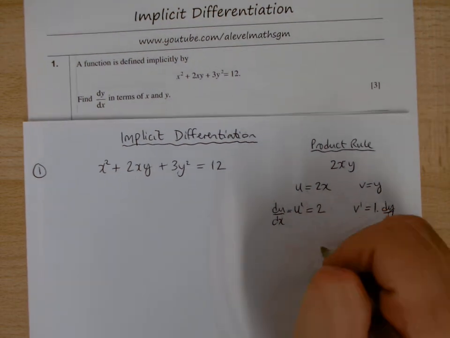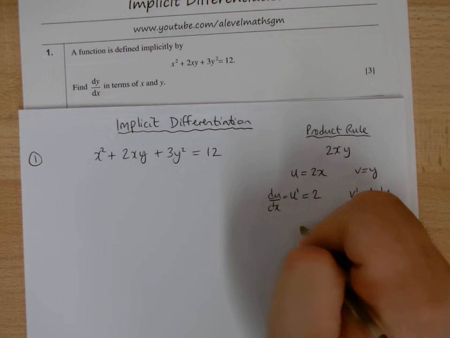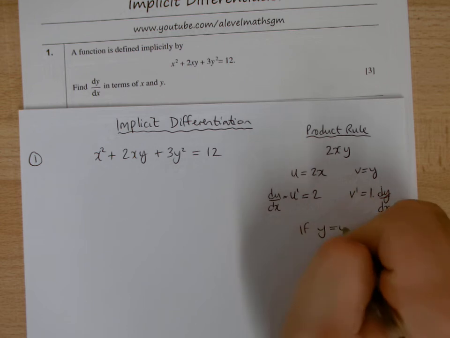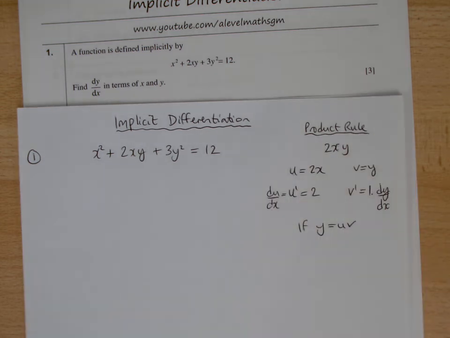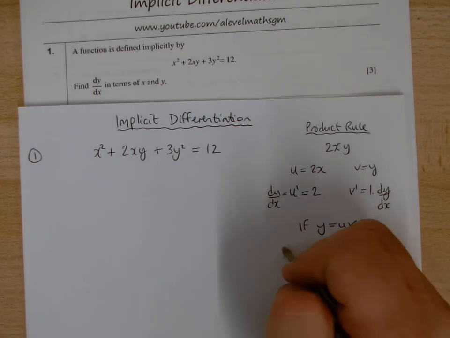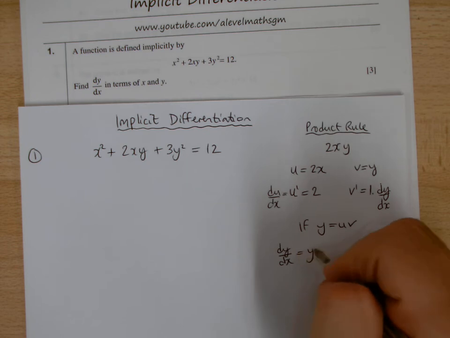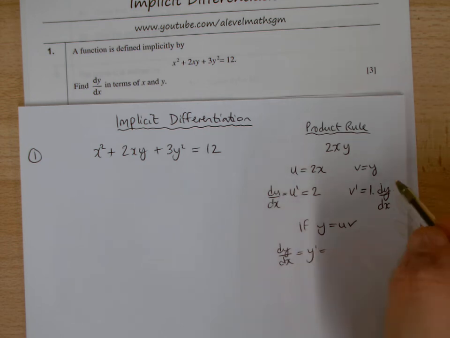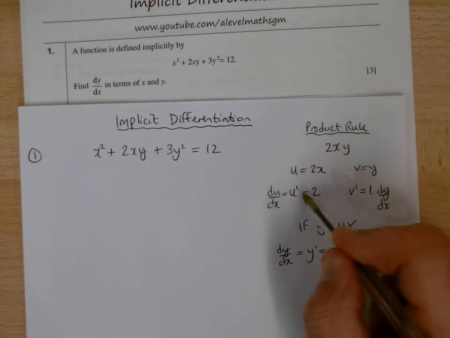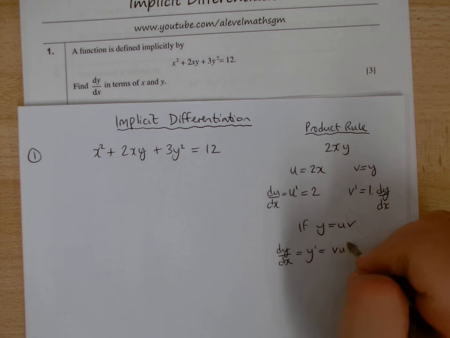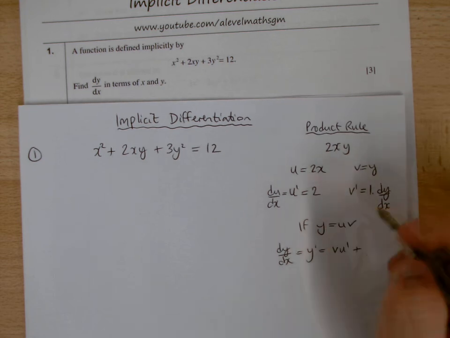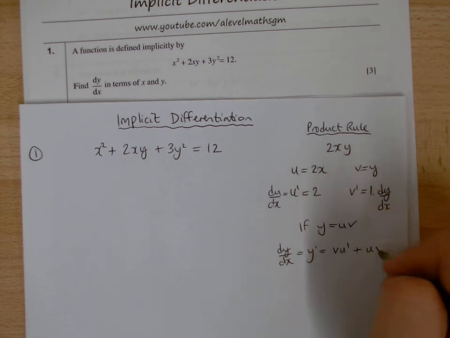So the product rule, if you have two terms times together, u, v, then the product rule, dy dx, which would be the same as y dash, is quite simply v du dx, so v u dash, plus u dv dx, u v dash.